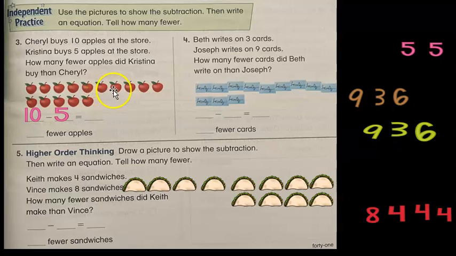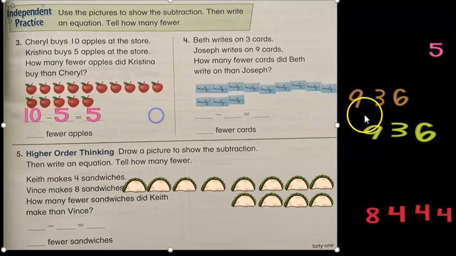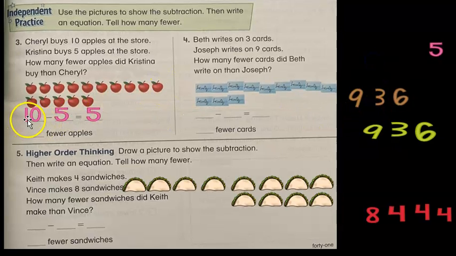Let's count. 1, 2, 3, 4, 5. So our answer is going to be 5. So therefore, boys and girls, we're going to put 5 right there now. There's our subtraction equation. 10 minus 5 equals 5, okay? Because look, there's no apples at the bottom of these ones.